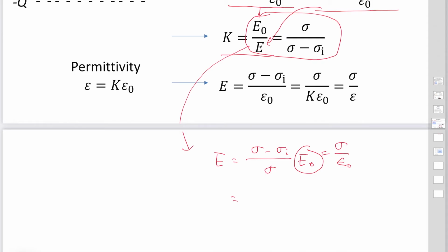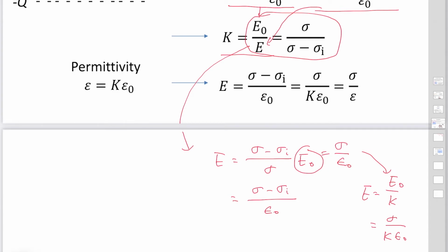So sigma is going to be cancelled out. It becomes sigma minus sigma sub i over epsilon 0. Also, you can express E equals E sub 0 over K. Also, you can use this expression, equal to sigma over K epsilon 0.